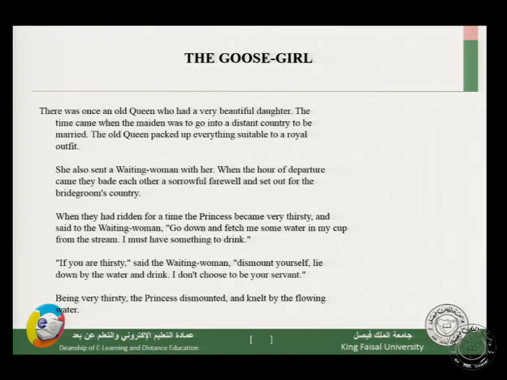Her father and her mother, I mean the king and the queen, prepared her to go to her bridegroom in another country, and they sent with her a woman, a sort of servant, a waiting woman. And on the way to the bridegroom's country, this wicked waiting woman thought of taking the place of the princess.